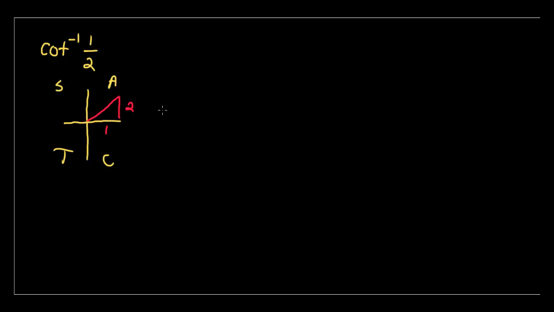Now, we're going to use the Pythagorean theorem to find the length of our hypotenuse. So we have x squared plus y squared equals the hypotenuse squared. So 1 plus 4 equals the hypotenuse squared. 5 equals the hypotenuse squared. So the hypotenuse is the square root of 5.